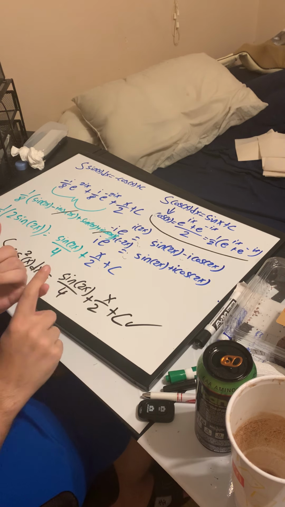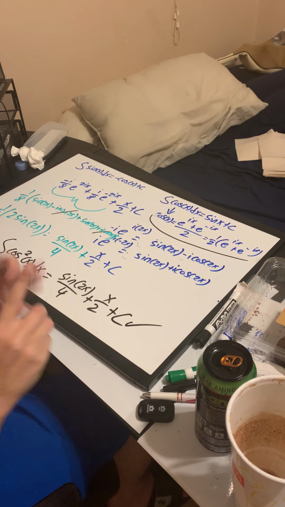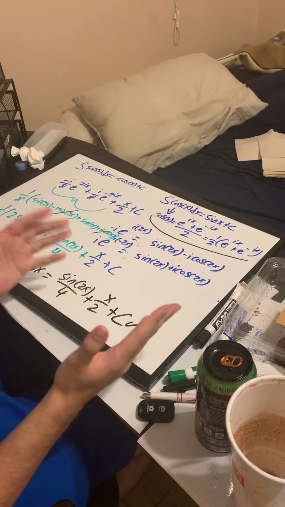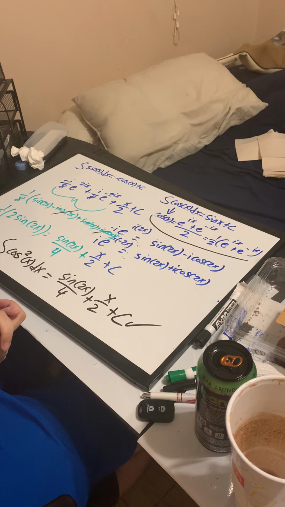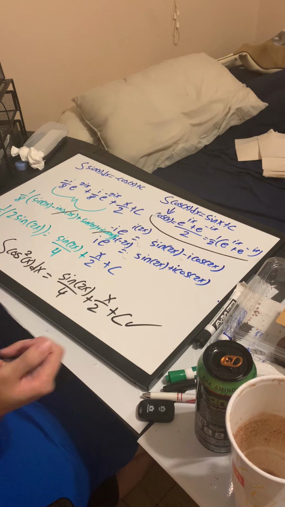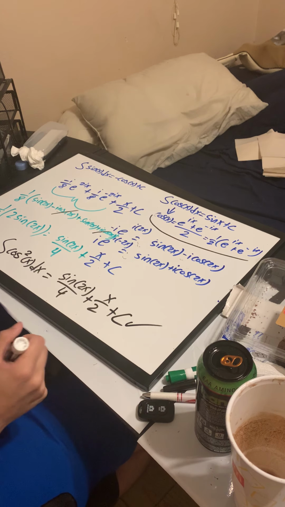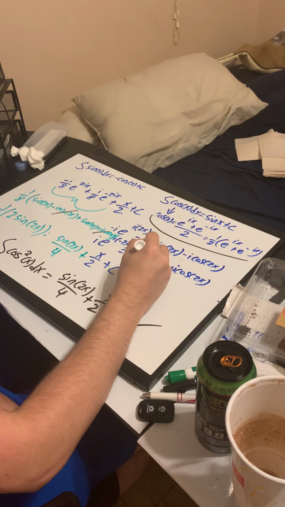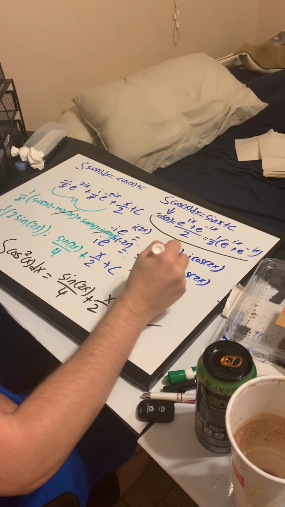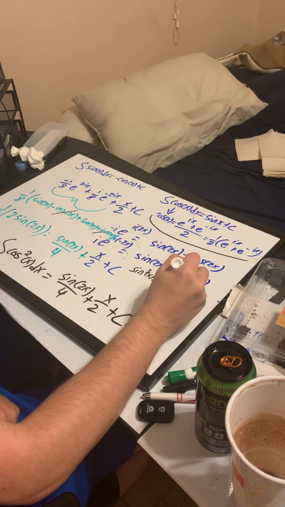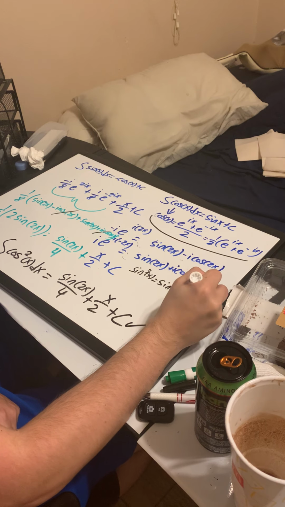And you can do this for sine cubed, cosine cubed. And as you can see, the algebra does get long, right? Those ones might be better handled with your simple Pythagorean identities. For example, sine cubed of x is equal to sine of x times cosine squared of x.